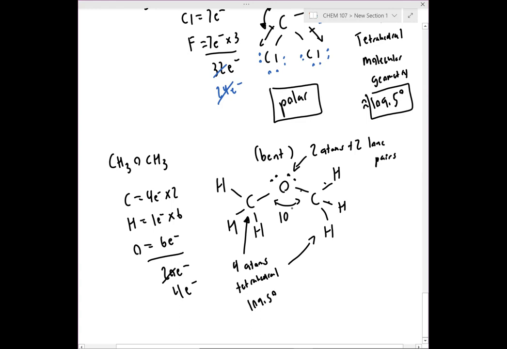What's the bond angle for a bent geometry? 120 degrees. Oh, sorry, 109.5 degrees.